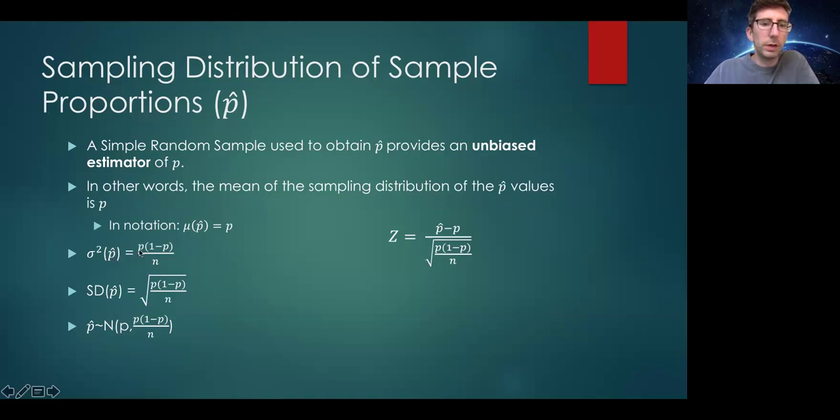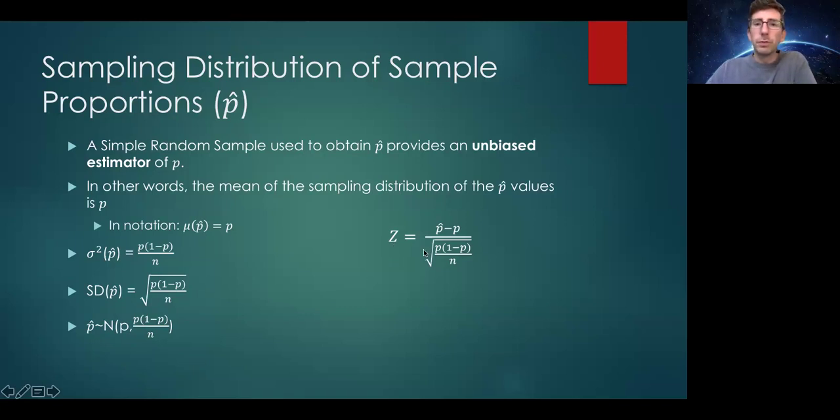The p hats would be equal to p times 1 minus p over n, or we could say p times q over n. And that means our standard deviation is going to just be equal to the square root of that. So finally, we can say that our p hats or our sample proportions are normally distributed, right? And they're centered around the starting population proportion with this variance or with this standard deviation.